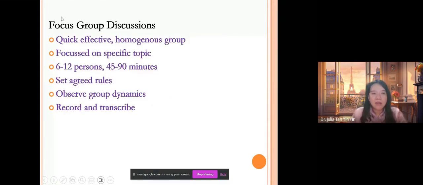Okay, the second one is focus group discussion. It is commonly used in market research studies. I worked part-time in an international market research company before, during my undergraduate time.